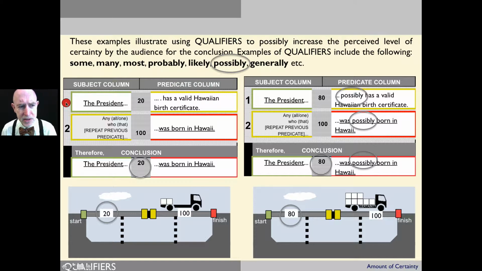So in this instance, we have our two premises. Number one, the president has a valid Hawaiian birth certificate. And the number two premise, one who has a valid Hawaiian birth certificate was born in Hawaii. Therefore, our conclusion, the president was born in Hawaii.